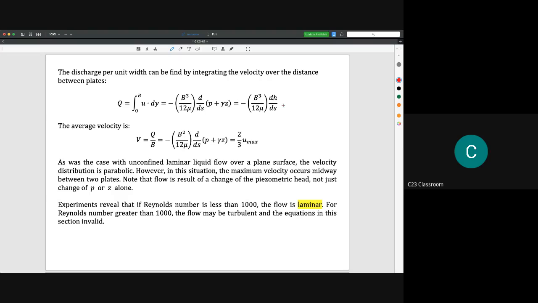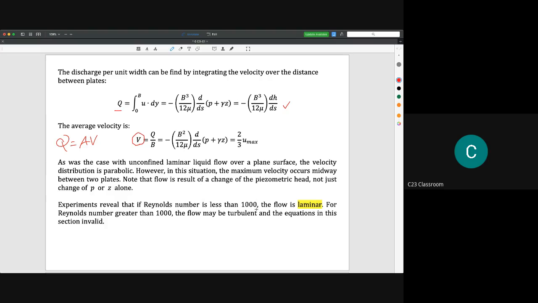This equation is actually calculating the flow rate here. And then again, we just use the equation Q equal AV, so we try to calculate the average velocity. I also explained about the average velocity previously.